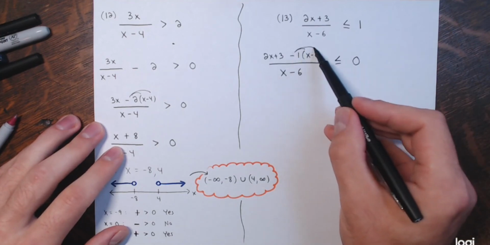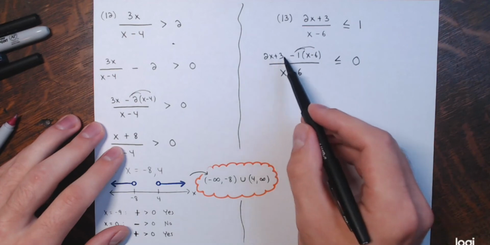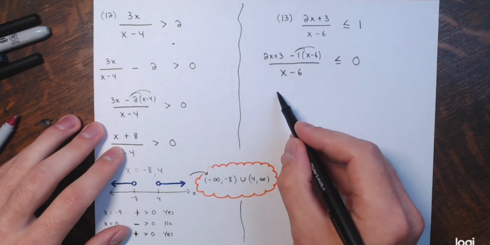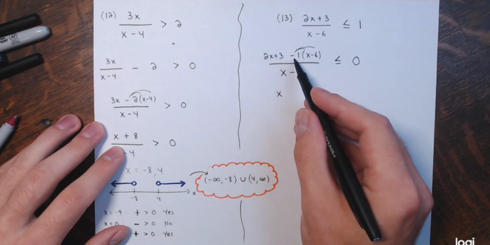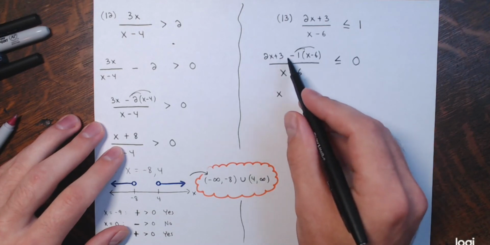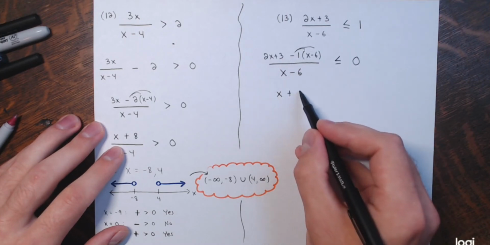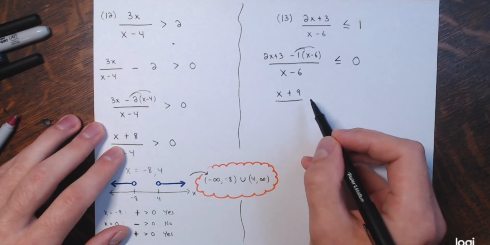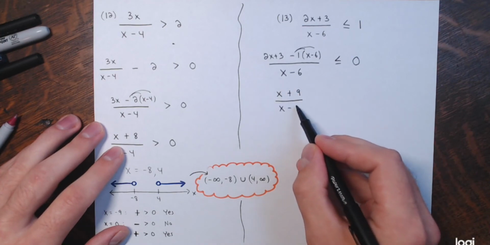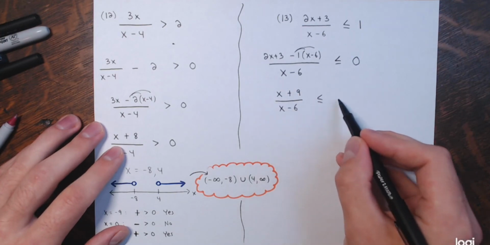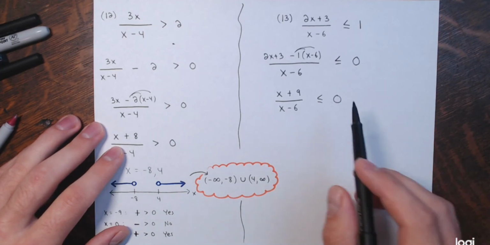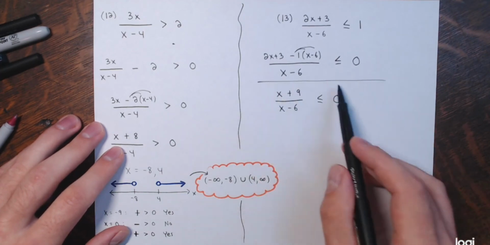And then I'm distributing the -1 here. 2x minus x is x. 3 minus -6 would be 3 plus 6. That's plus 9. So I have x plus 9 in the numerator, x minus 6 in the denominator, and is less than or equal to 0. And this is what I'm working with right here, this inequality now.